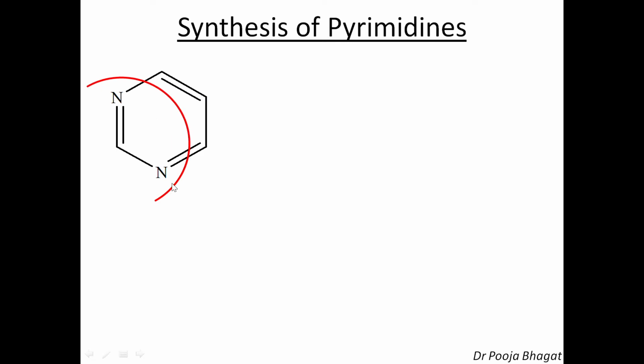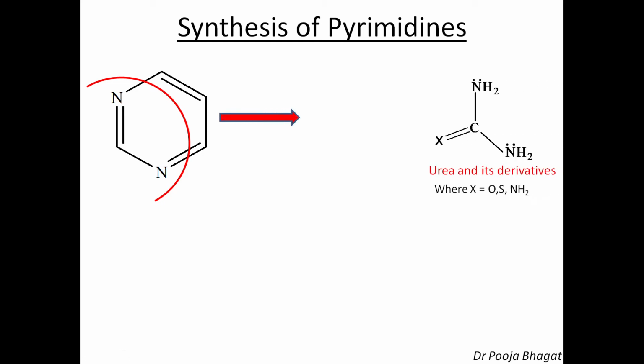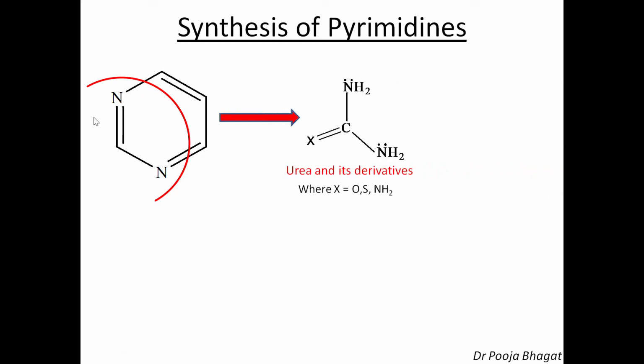If you cleave the molecule from here, you can see this unit. And if you can recollect, this unit is similar to that of urea. Yes? NH2CNH2. Okay? So that means if you take this part as urea and its derivative, this part, okay? So this is urea and derivative X.